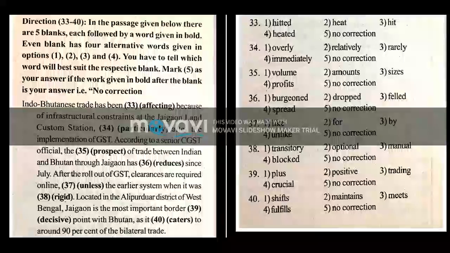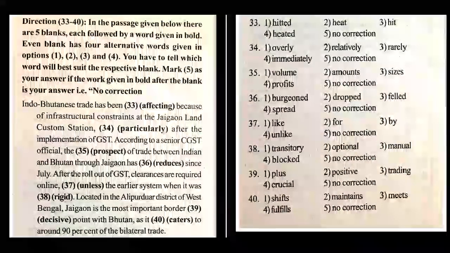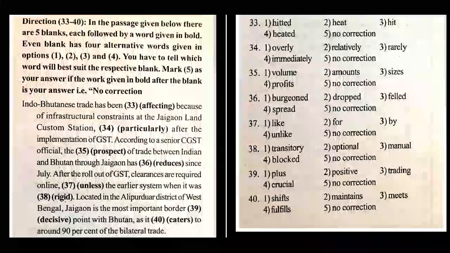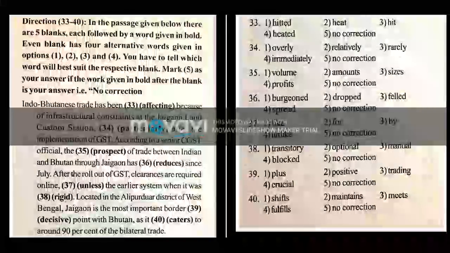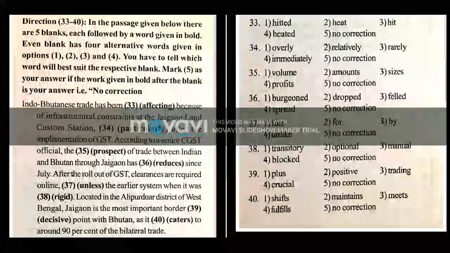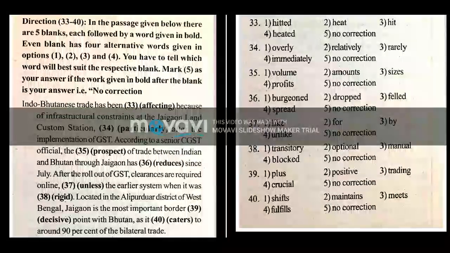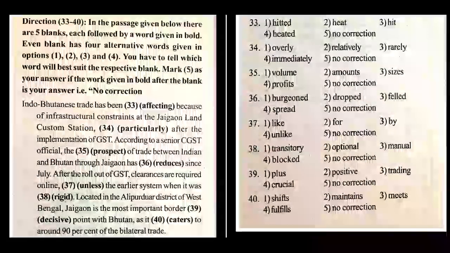There is a station known as Jaigan Land Customs Station, and in that station, due to some constraints related to infrastructure, that is why we say infrastructural constraints, the trade between India and Bhutan has been hit. I hope it is clear.